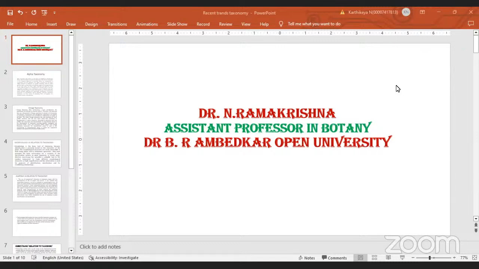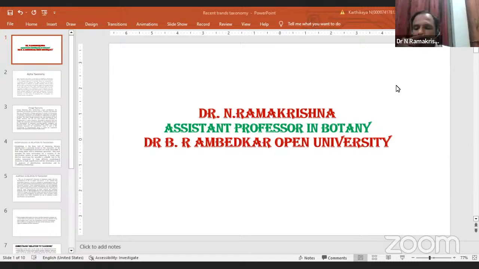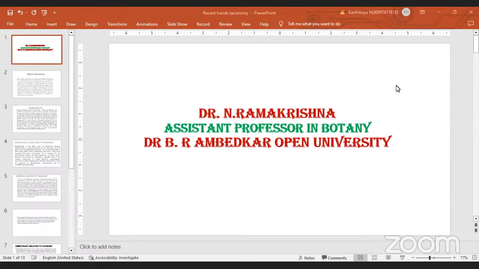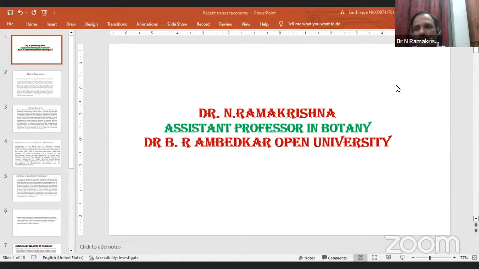What is the first one? Dicotyledons, and the second one is monocots. That is angiosperms. Is it okay now? The recent trend classification in angiosperms, what are they saying?